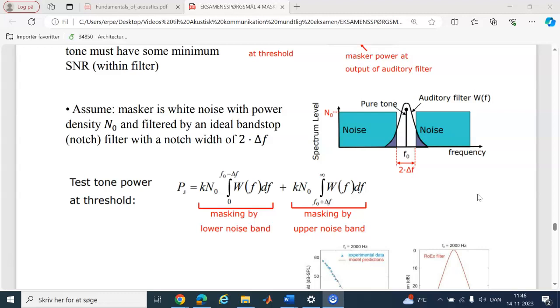The lower band masking is from frequency 0 up to f0 minus delta f, and then from f0 plus delta f to infinity.